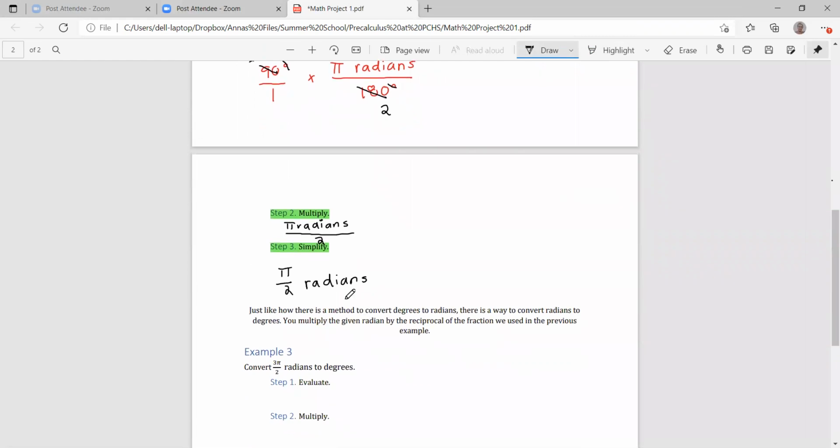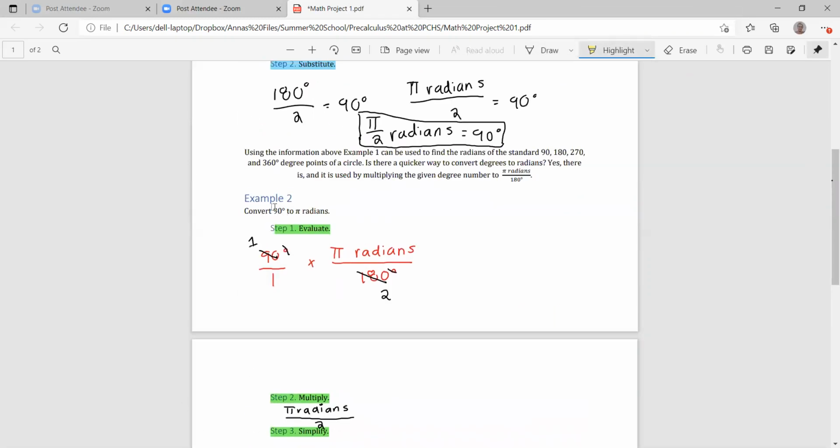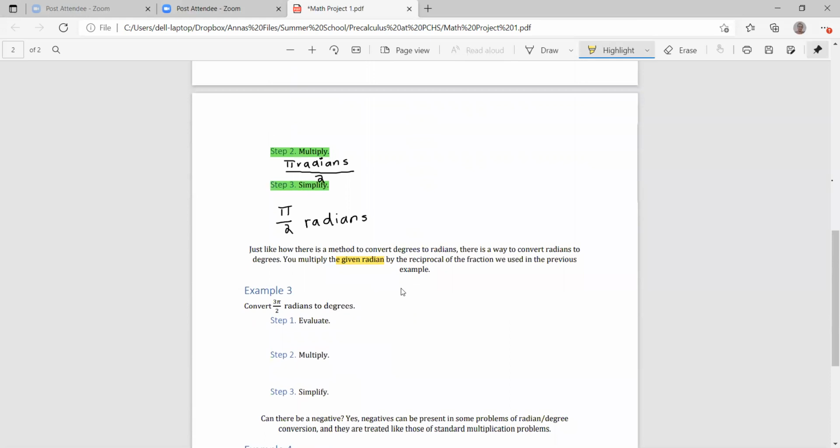So how do you convert radians to degrees? Yeah, there is a way, and you would multiply the given radian, just like the given degrees, 90, by the reciprocal.